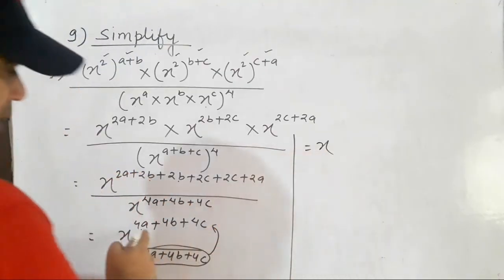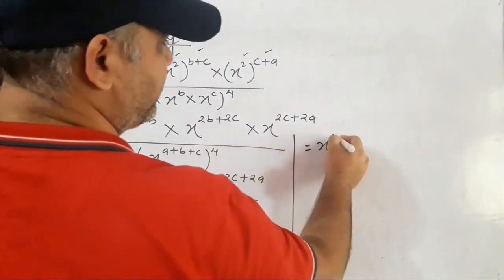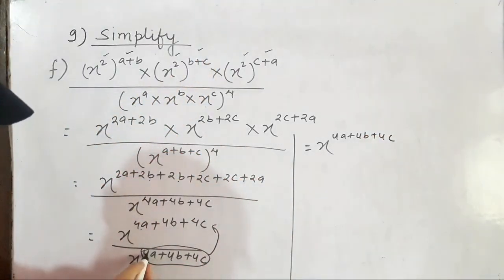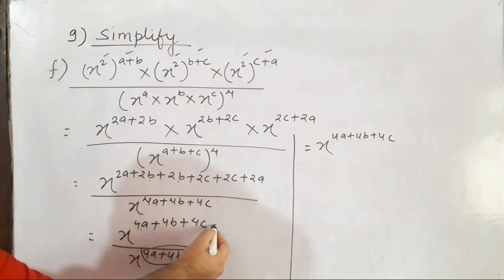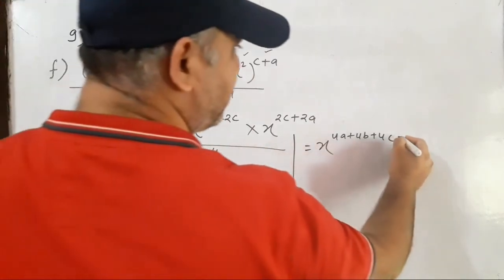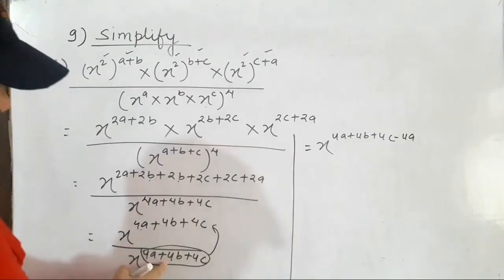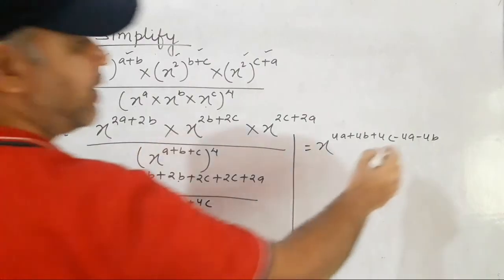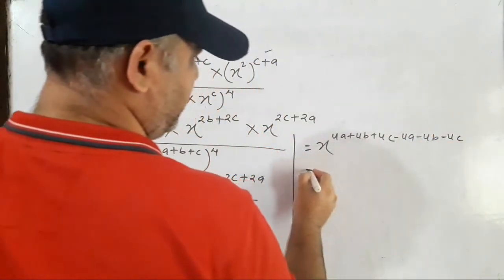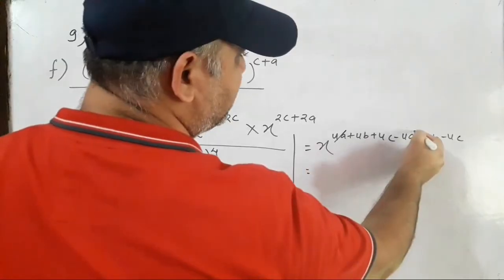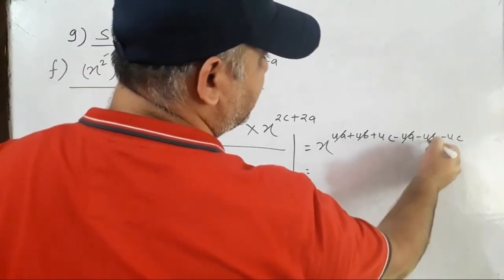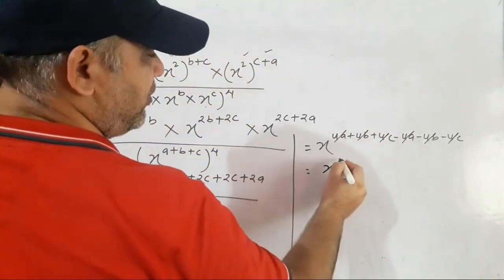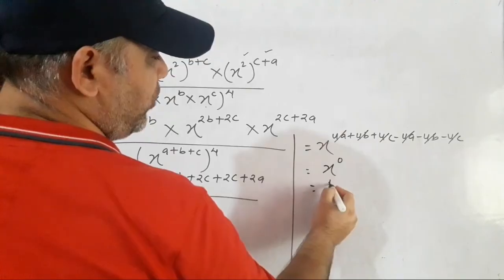So x power 4a plus 4b plus 4c minus this: plus 4a becomes minus 4a, plus 4b becomes minus 4b, and plus 4c becomes minus 4c. Plus 4a and minus 4a cancelled, plus 4b minus 4b cancelled, plus 4c and minus 4c cancelled. x power 0. x power 0 is equal to 1.